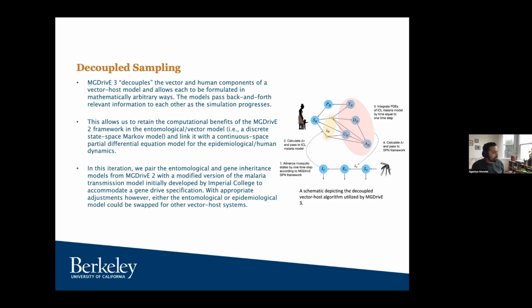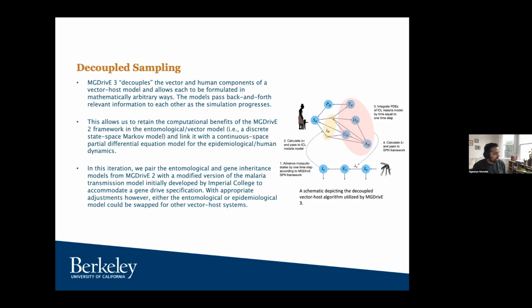So this gives us the benefit of retaining the way that MGDrivEv3 developed a stochastic entomological model for the life history, which is a discrete state space Markov model using something called a stochastic Petri net, which is a computationally efficient way to store Markov models.